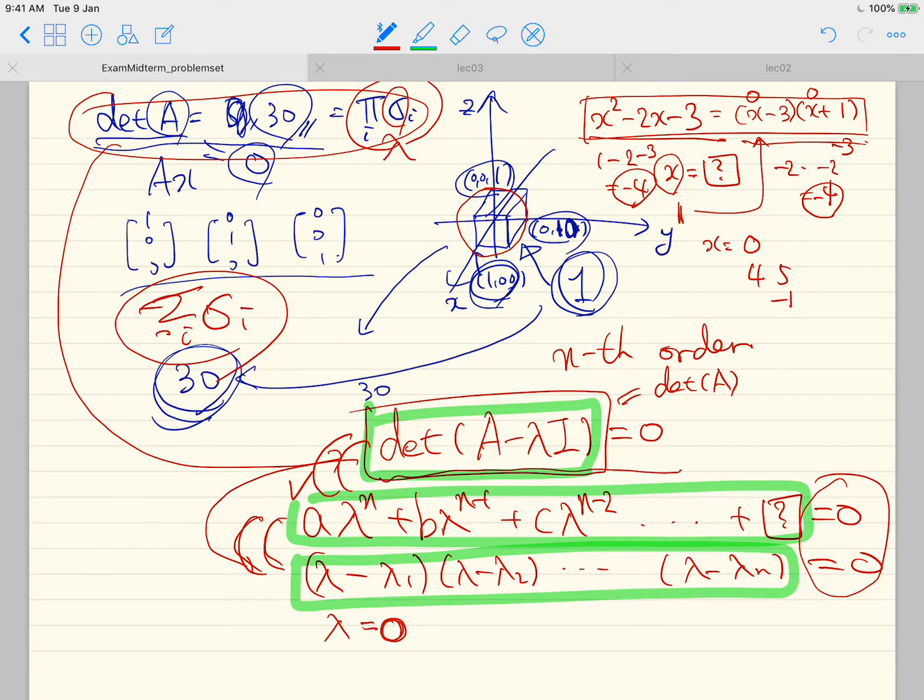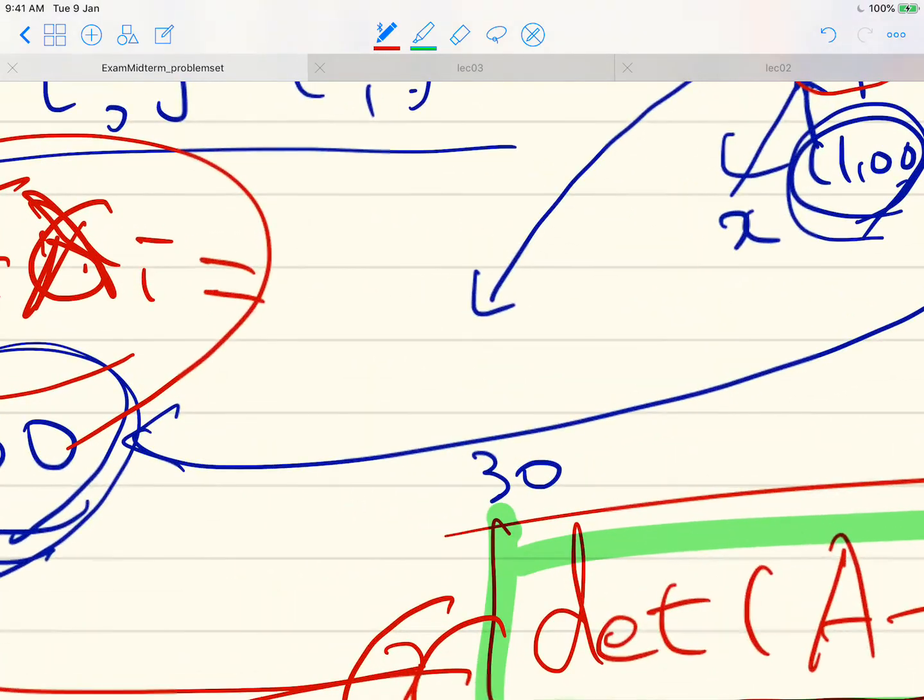Typically it should be represented as lambda, because sigma typically indicates the singular values, right? But anyways, suppose these are eigenvalues, so let's just change it. The summation of our eigenvalues is represented as what? Does anyone know?